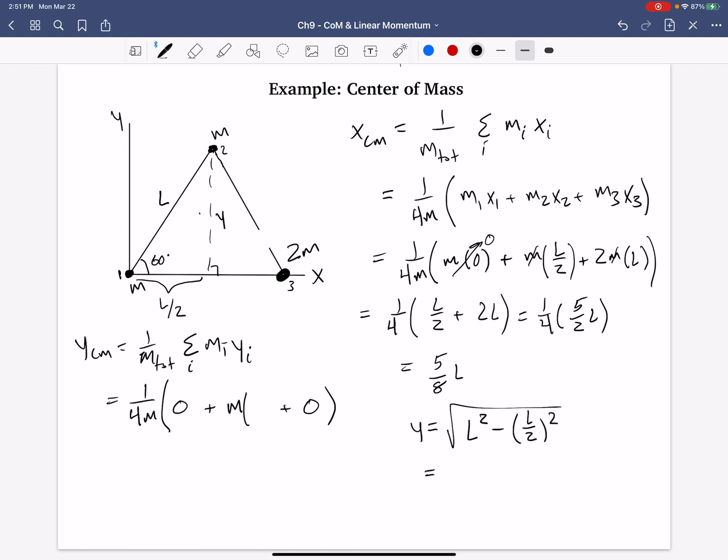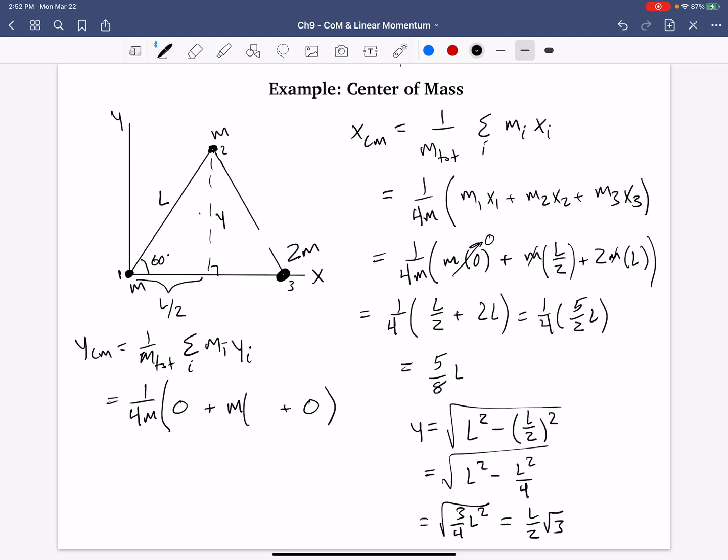That's effectively L squared over 4, square root, and this is 4 over 4 minus 1. This is 3 over 4 L squared, square root. And that's L over 2 root 3.